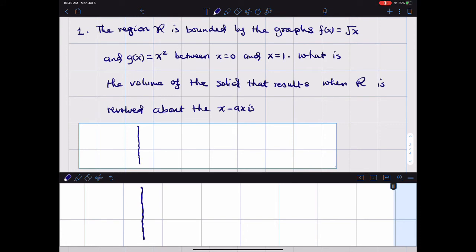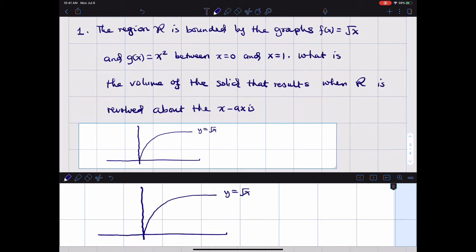I don't know why. Maybe because of the figure. So you have y, f of x is the square root of x. The function looks like this. Call it y. And then you have g of x, which is x squared.